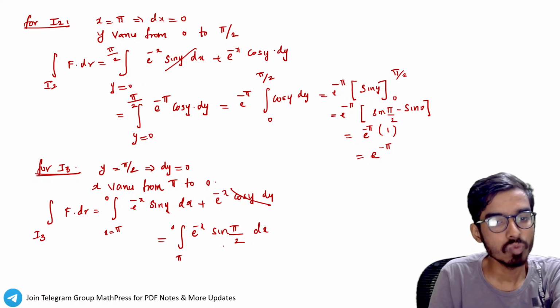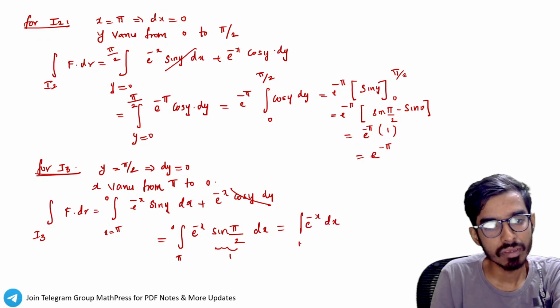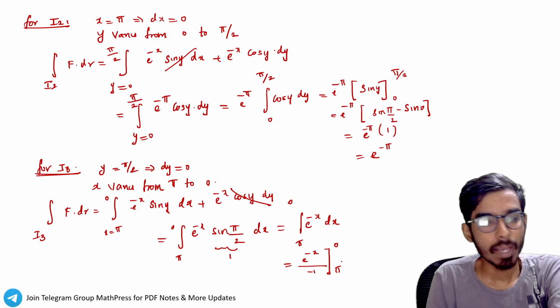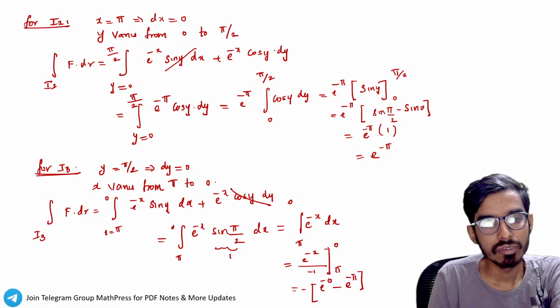Sin pi by 2 is 1, so we have the integration of e power minus x dx from pi to 0. It will be e power minus x divided by minus 1, from pi to 0. So when you put the upper and lower limit, this will be minus, upper limit e power minus 0 minus e power minus pi.